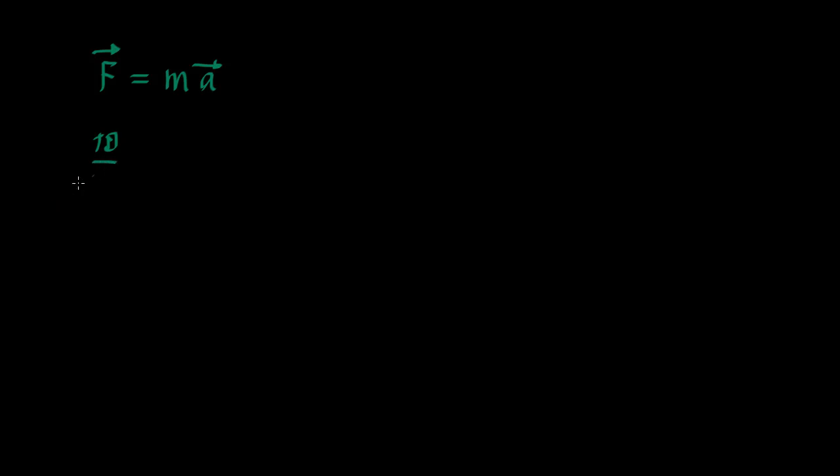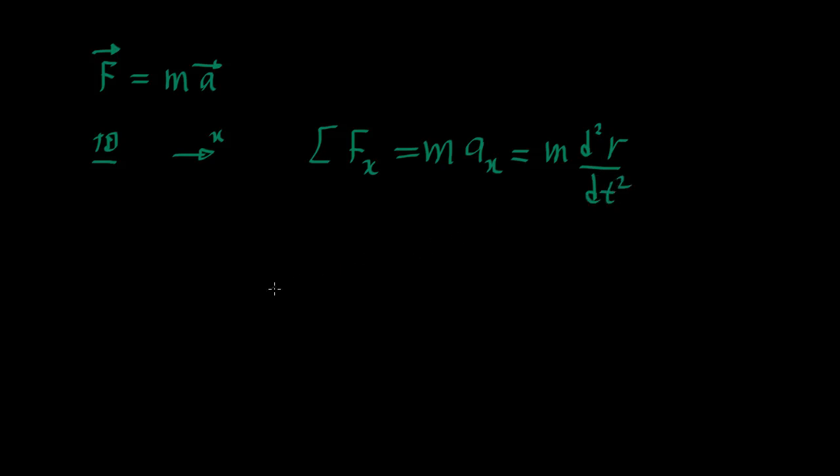For a particle moving just in the x direction, the sum of all the forces in the x direction is equal to m times ax, the acceleration in the x direction, or m d squared r dt squared, the second derivative of the position vector with respect to time.